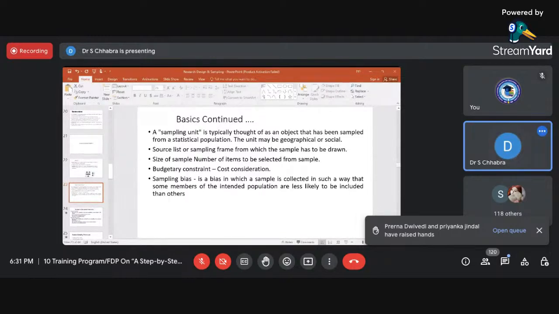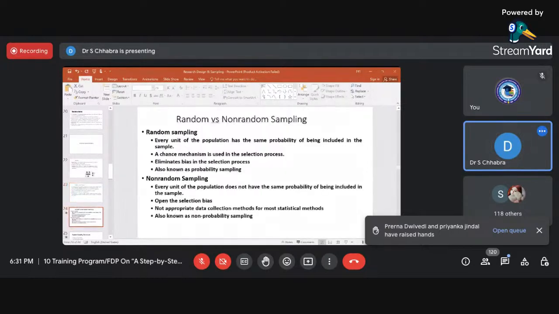So remember that besides resource-based constraints, you would equally have a constraint on cost as well. Please keep that in mind.